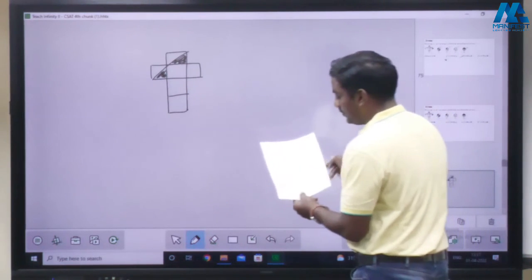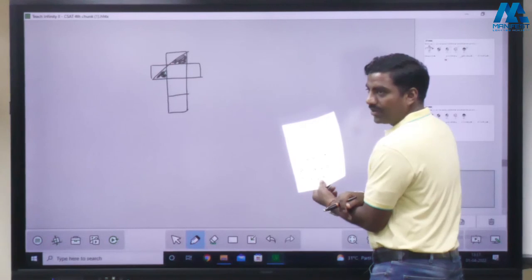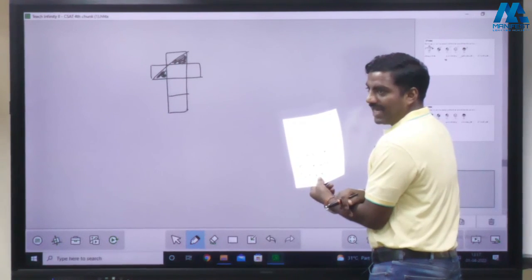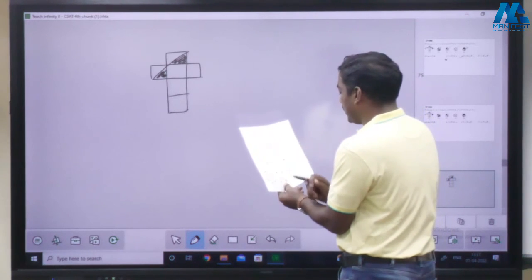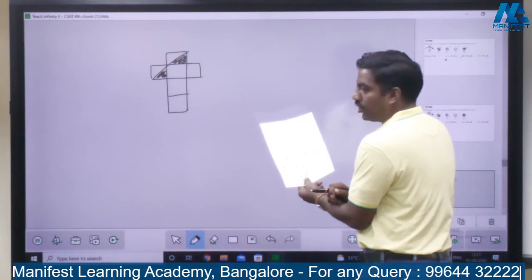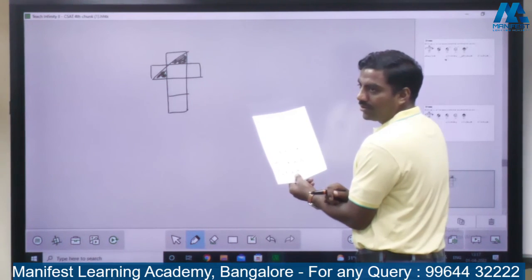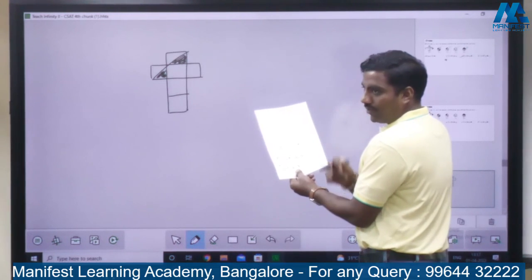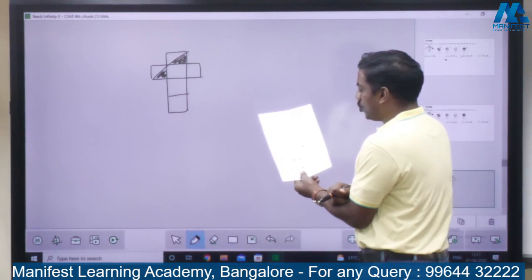Now they are asking the first one, can we get 3 faces with blank? Yes, possible. So the first one you tick. So naturally our answers will be A or C. Yes or no? Now we have to check for 4 and 2.